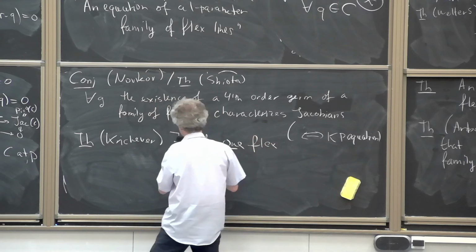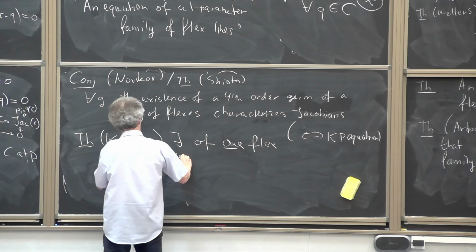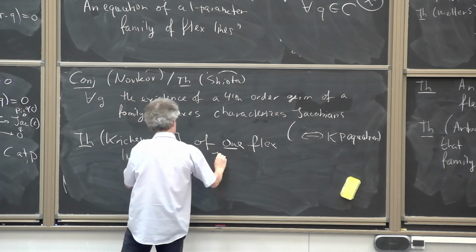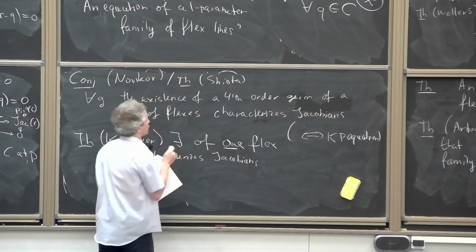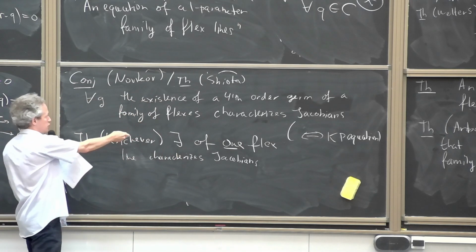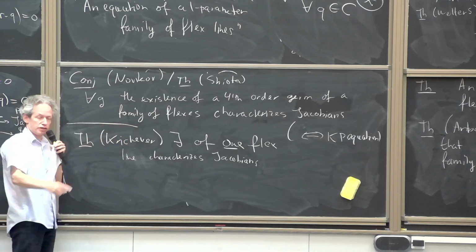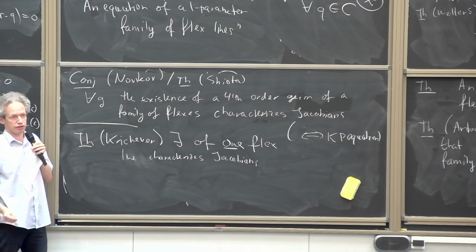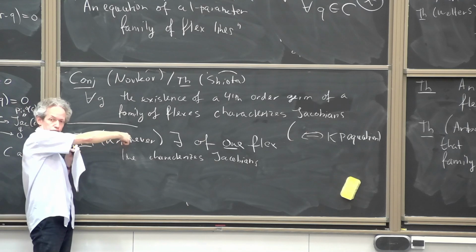flex line characterizes Jacobians. Okay? Notice that from this point of view, there is a disconnect from here to above. Because if I have a jet, I can try to extend the jet. Here, I have no jet of a solution.